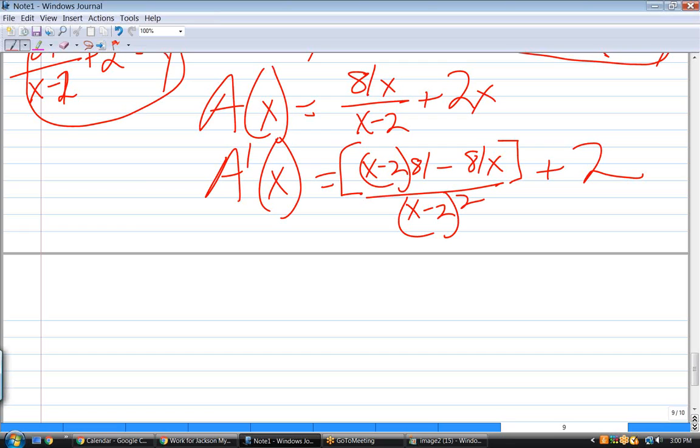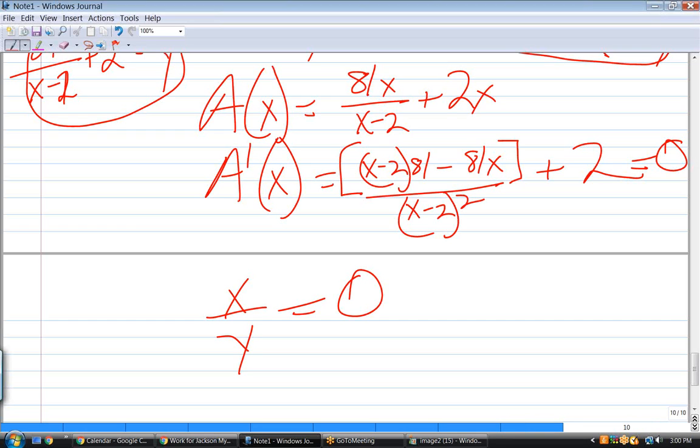Now I'm going to set this equal to 0. The only way a quotient can be equal to 0 is if the numerator is equal to 0. If I tell you x over y equals 0, I don't care what y is, x has to be 0. Okay? Okay. However, in this case, I need to move that 2 to the other side.